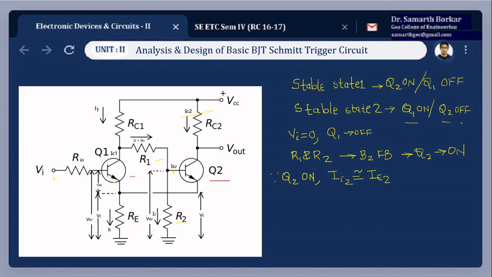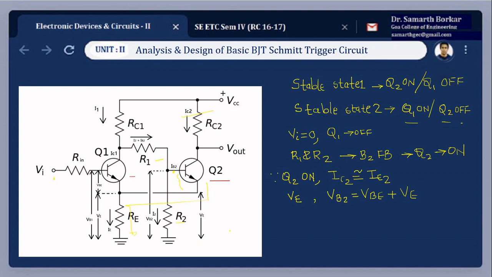And this current IE2 from the emitter terminal follows this path and hence there will be a voltage drop across this resistor RE. This voltage drop is denoted as VE. So we can write VB2 equals VBE plus VE. The voltage at this particular point, that is VB2, will be the voltage across the base emitter terminal and the voltage across the emitter resistor.